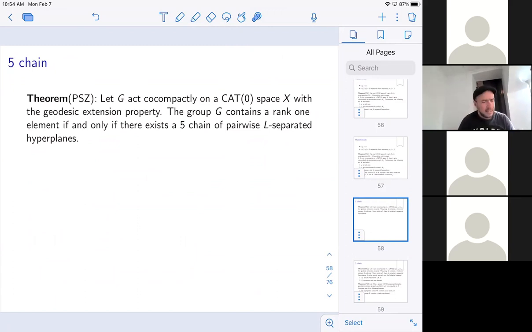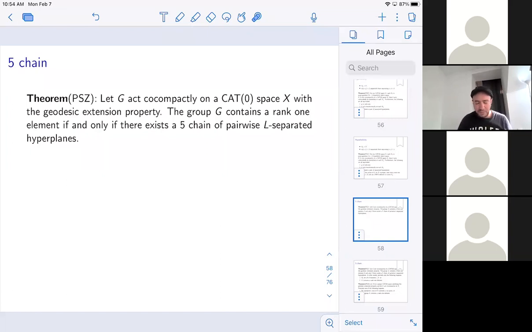One of the theorems in Caprace and Sageev states that if you have a group G that acts co-compactly on a CAT(0) cube complex, then if your cube complex contains two separated hyperplanes, it must contain a rank 1 element. So it describes the existence of rank 1 elements purely via the existence of a geometric property, which is the existence of two separated hyperplanes.